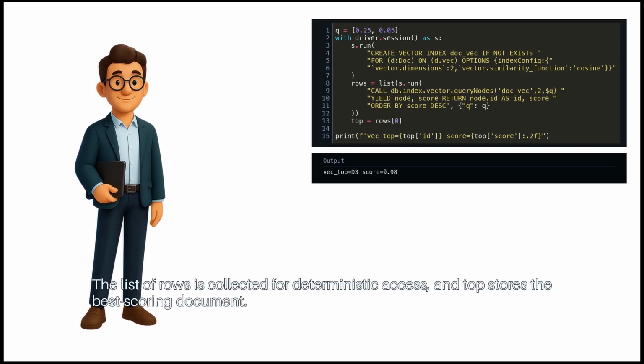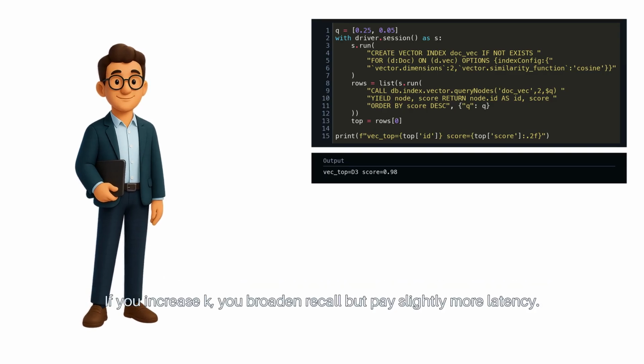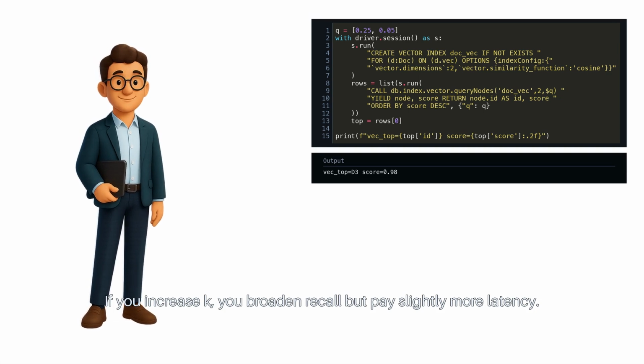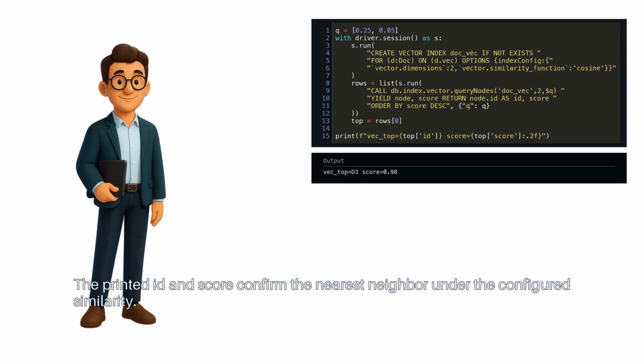The list of rows is collected for deterministic access, and top stores the best scoring document. If you increase k, you broaden recall, but pay slightly more latency. The printed ID and score confirm the nearest neighbor under the configured similarity.